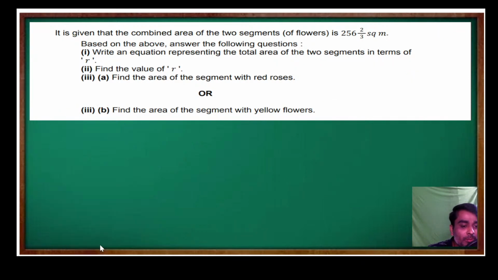Okay, tell me, we'll stop here or take up the new question paper? If you have any other work, you have any other studies and all, then we'll stop here.